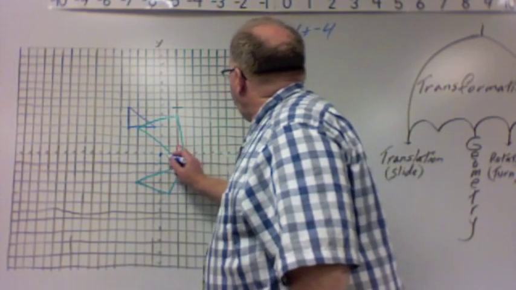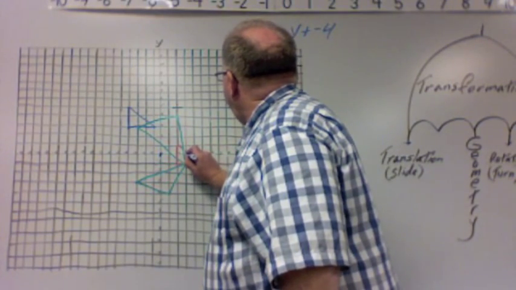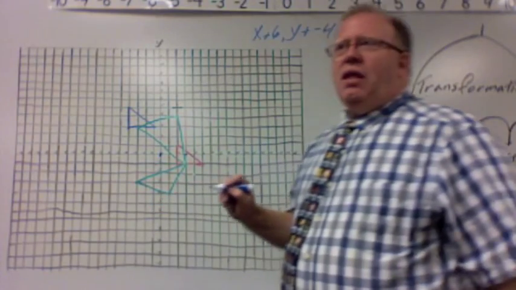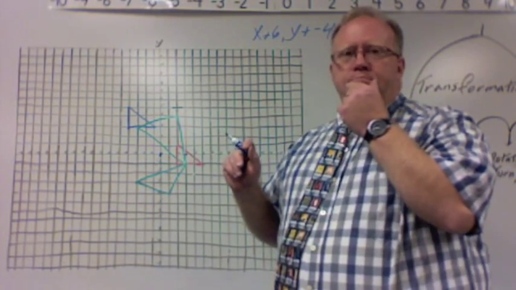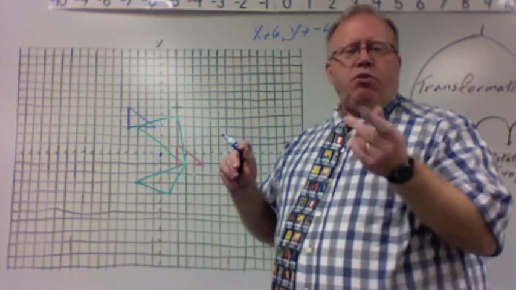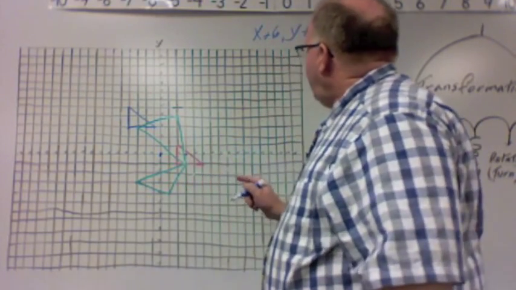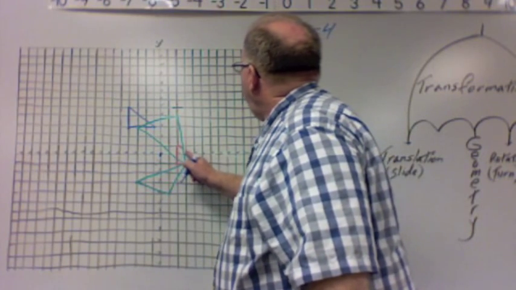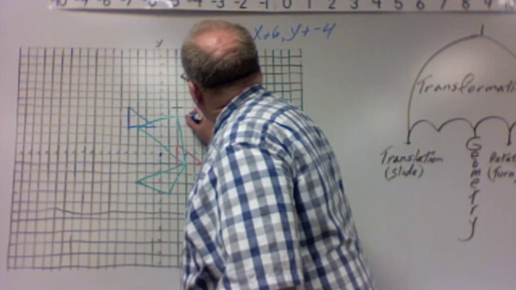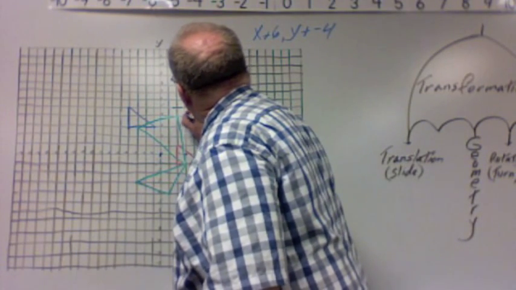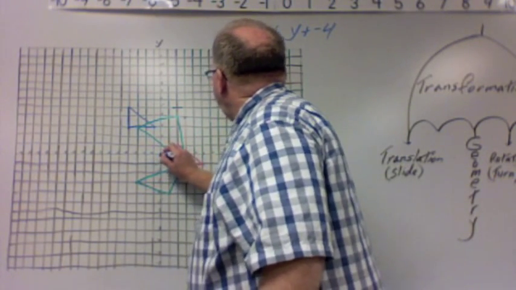Okay, so 3 and 0, that's going to put us right here. And finally, let's do, how about 3 and 4? We'll just make it easy for us. So we've got 3, and we're going to go up to 4. Okay, so that puts it right there. We'll connect those lines.